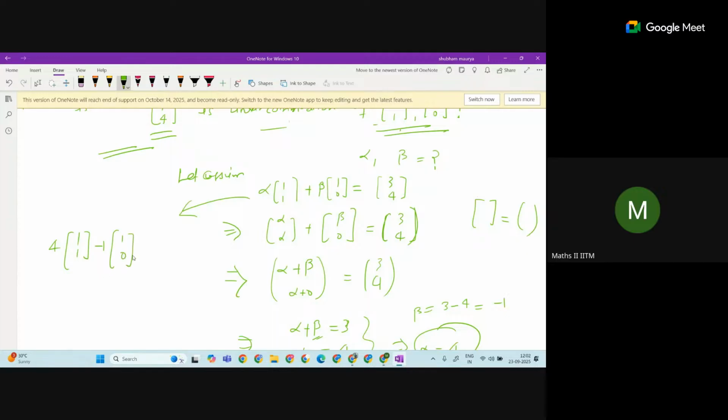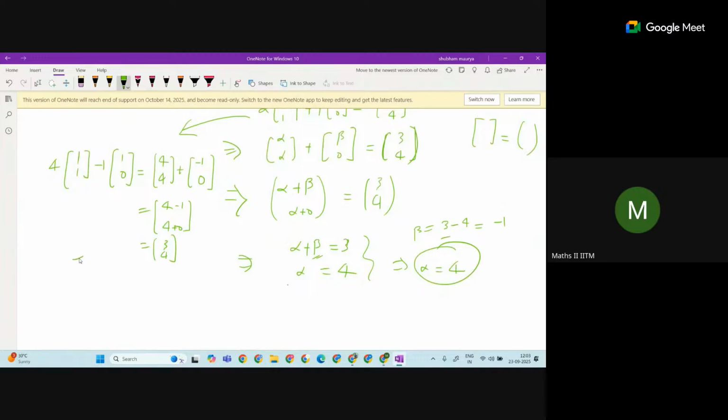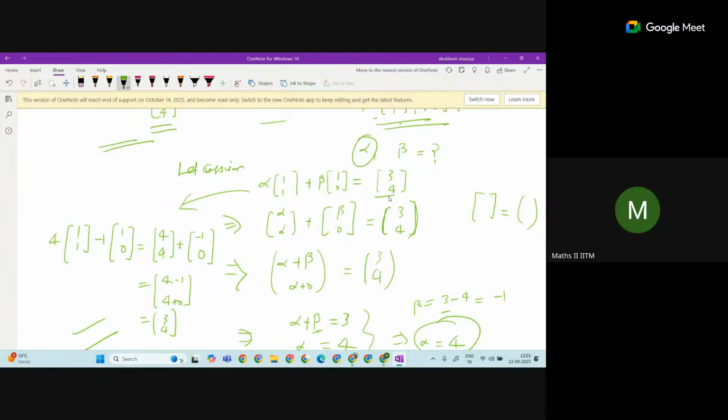Solving this: (4, 4) plus minus 1 multiplied inside, so 4 minus 1 and 4 plus 0, and finally you get (3, 4). Yes, I am able to get such alpha and beta; they exist. We verified it, and we got (3, 4).